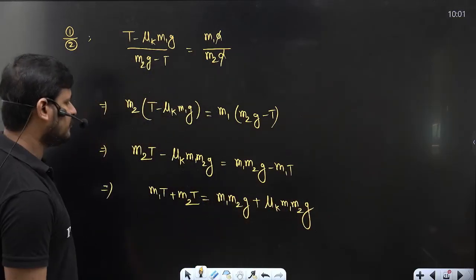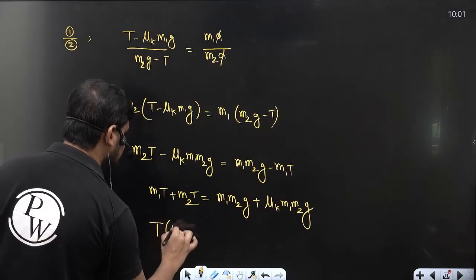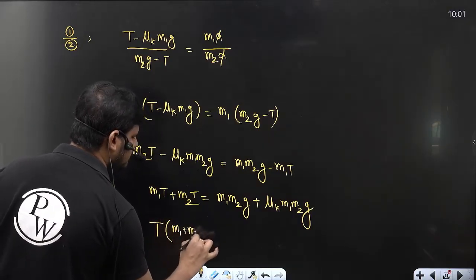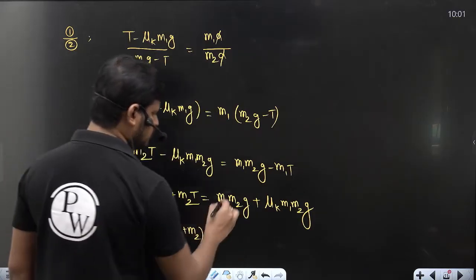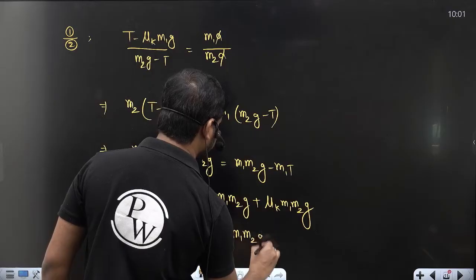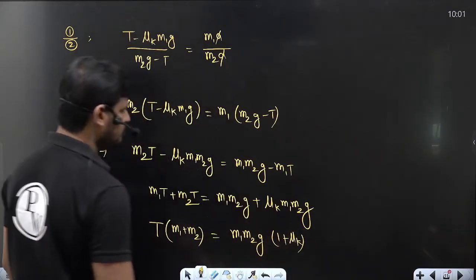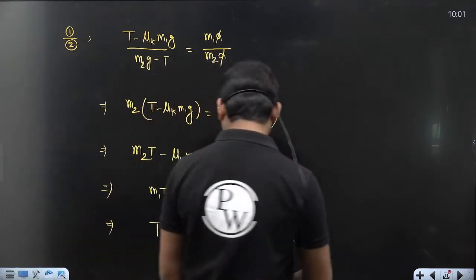We need the tension T. Taking T common, m1 plus m2 will come, which is equals to m1 m2g common, so that 1 plus 𝜇k will come. Yes or no?